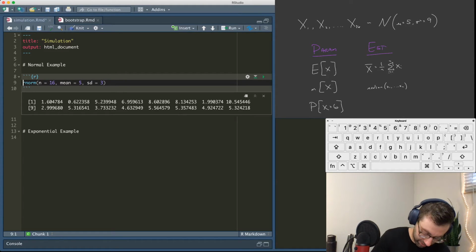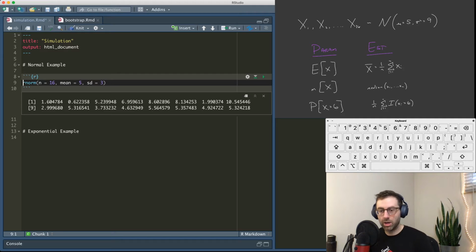And so we're going to estimate that with something like this. Okay. So those are the 3 parameters that we're going to be interested in.